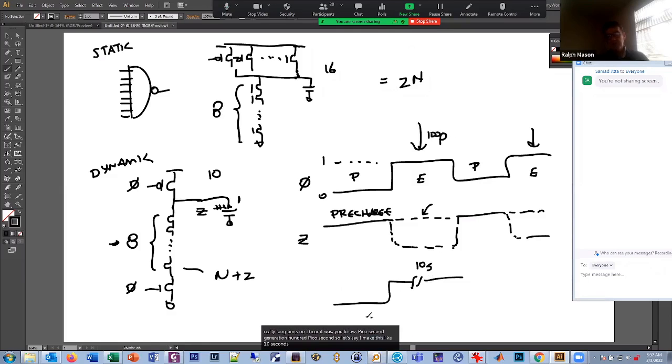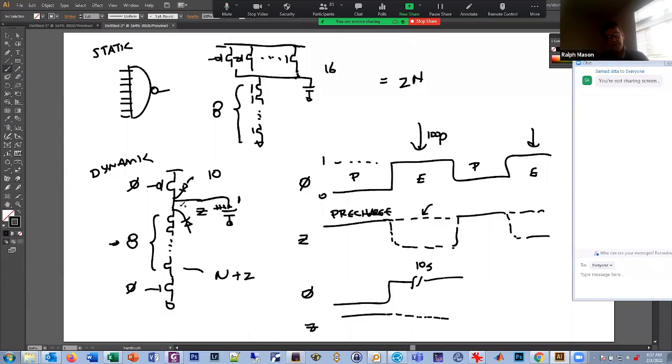Well, I've got a problem here because if I did that, if this was phi and I made this 10 seconds, guess what would happen? If Z was high here, and say I wanted to keep it high, well, what would happen is over time, because right on here, there's these reverse bias diodes, right?